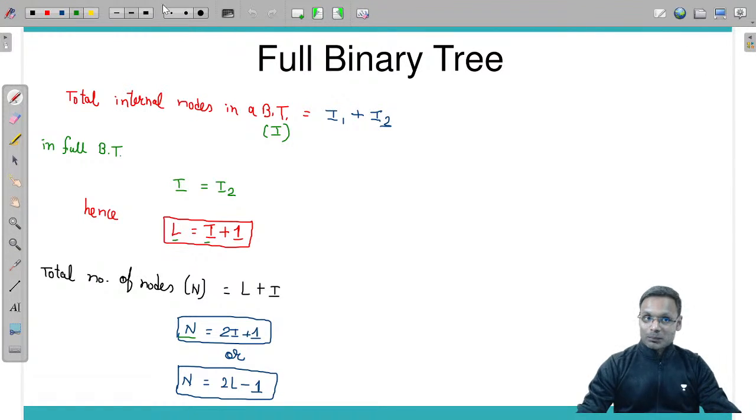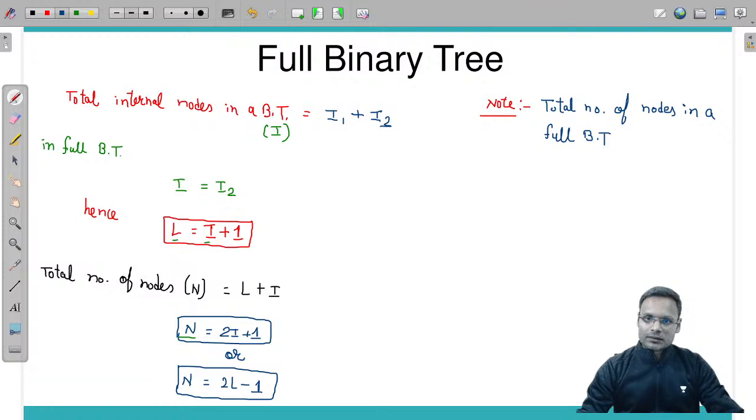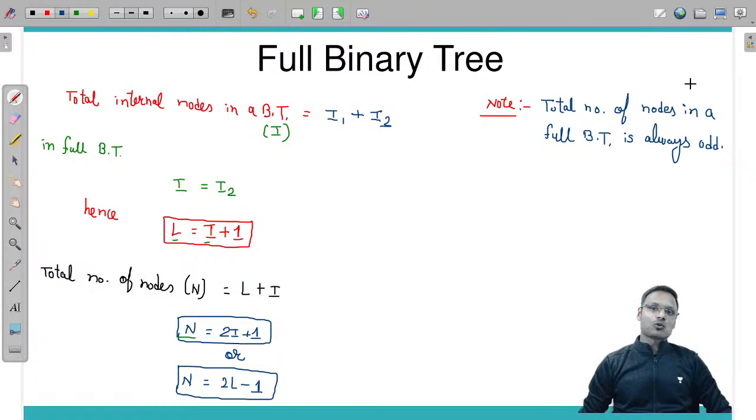Now I will give you one particular note here, and you will remember it as it is, or you will understand it based on the concepts, whatever is suitable for you. The thing is, the total number of nodes in a full binary tree is always odd. If you have a full binary tree, you will always have an odd total number of nodes.